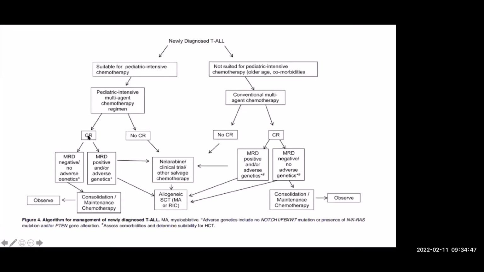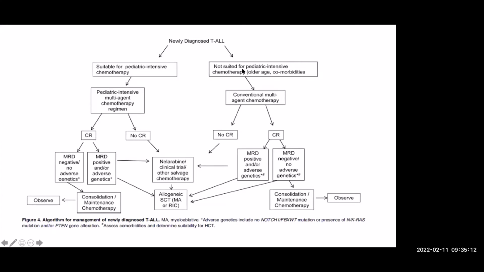And for the patient who attained CR and MRD negativity without adverse cytogenetics, as we have seen, wild type NOTCH and FBXW7 and presence of KRAS and PTEN mutation, they need allogeneic stem cell transplant. For the patients who had MRD positive at phase 2 and adverse cytogenetics need allogeneic stem cell transplant.